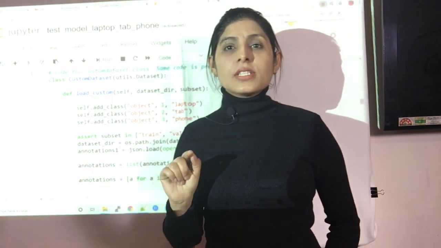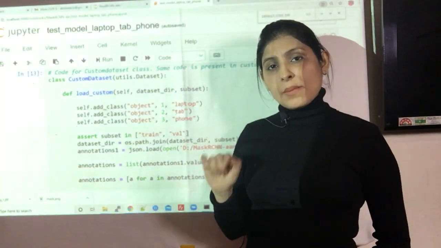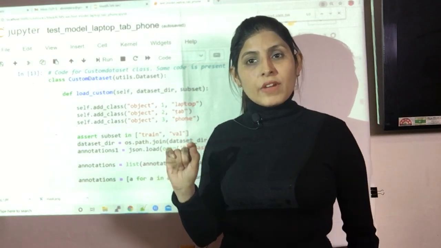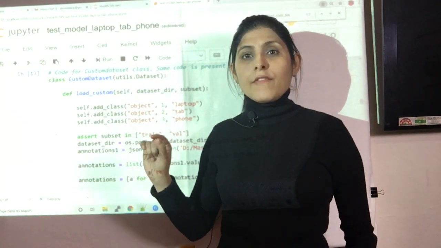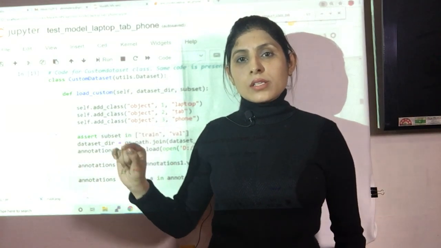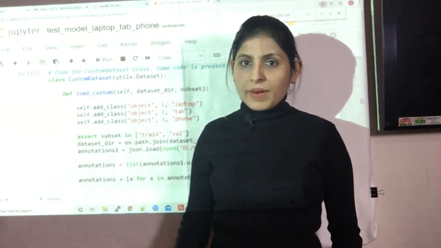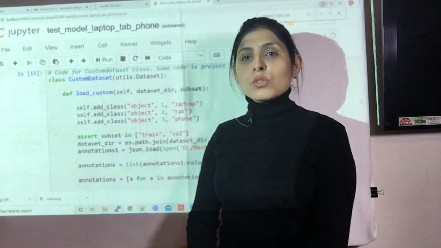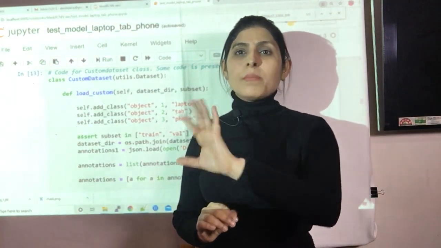Alright. And then after this, guys, we have the class CustomDataset. If you remember, we have this similar class in our custom.py file, which we used to train our custom Mask R-CNN network. So this is the same class, I have just copied from there and pasted over here.